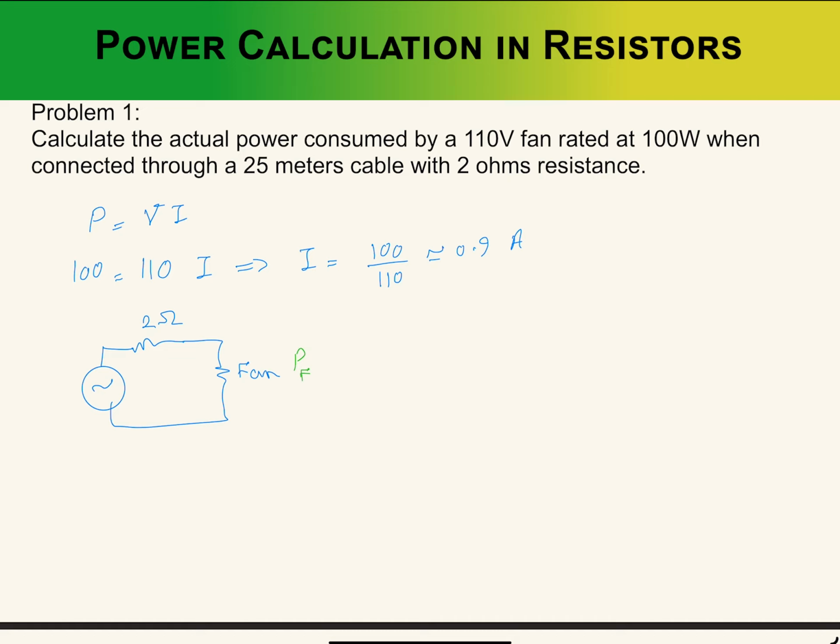So in order to do that, if I call this R, and the voltage drop across it VR, so VR essentially is 2 ohms times I, which in this case is 2 times 0.9, which is 1.8 volts. And imagine that the source is 110 volts, as we started the discussion with.